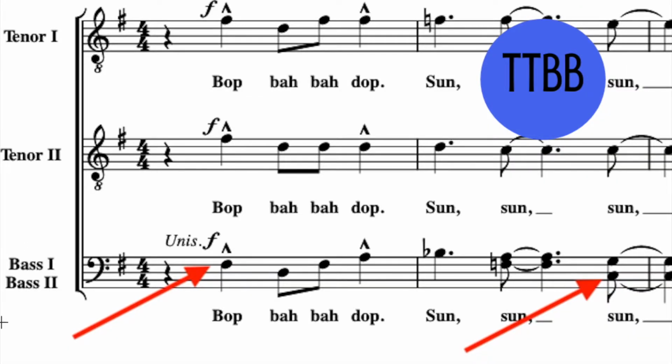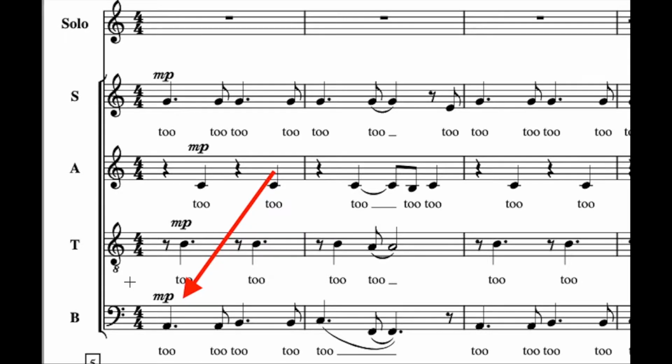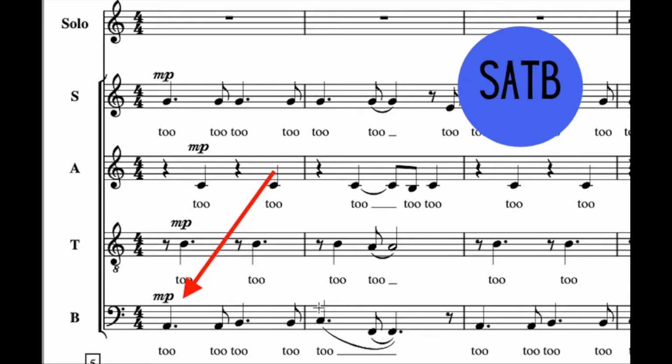If the two bass parts are combined, you sing stems down. And when there is only one note, you are singing in unison with the bass one or baritone line. If the choir includes mixed voices, such as a SAB or SATB choir, the bass singer follows the lowest line again. Basses out there, the general rule of thumb is follow the bottom line.